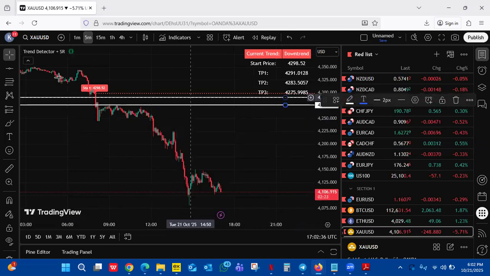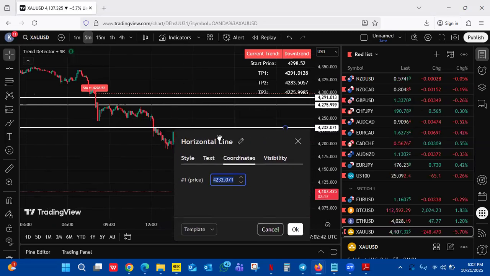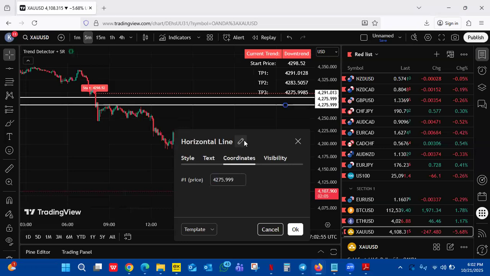Then let's go back to TP3, which is around 4275 and 5057.